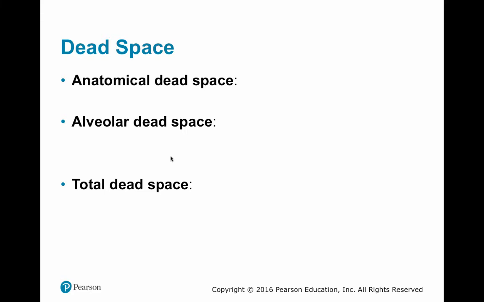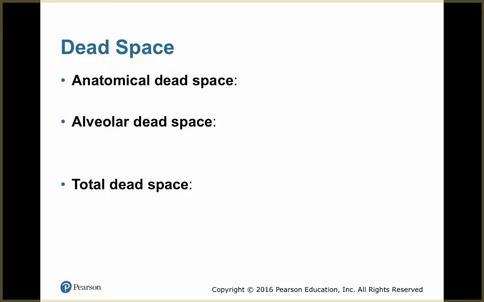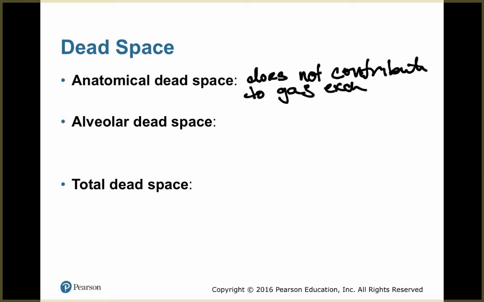So when we look at anatomical dead space, what we're looking at here is dead space in general, but anatomical dead space is the area that does not contribute to gas exchange. And so this is what we just talked about.